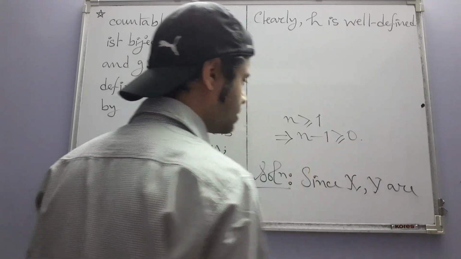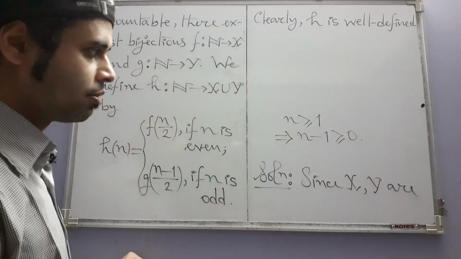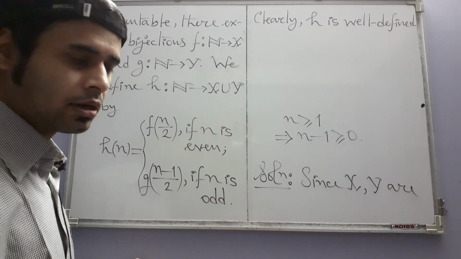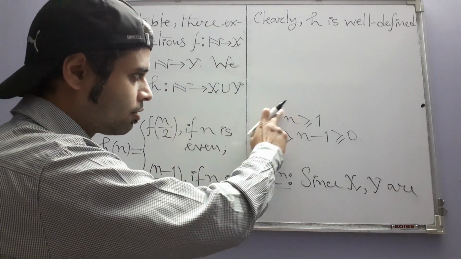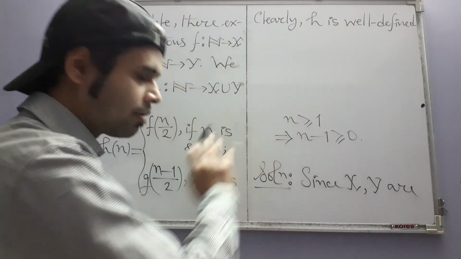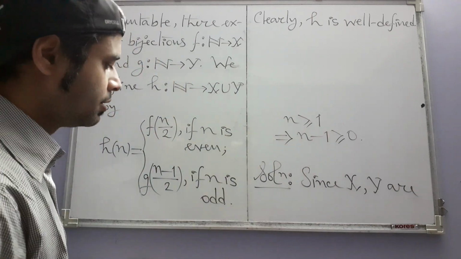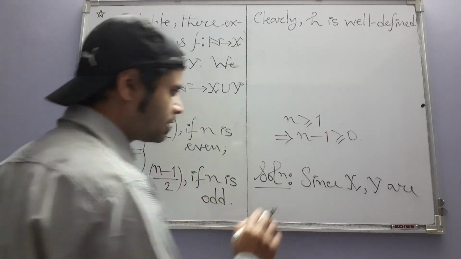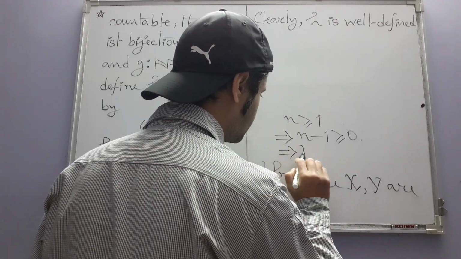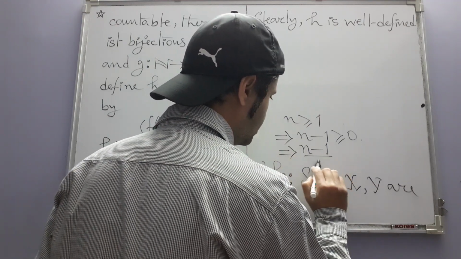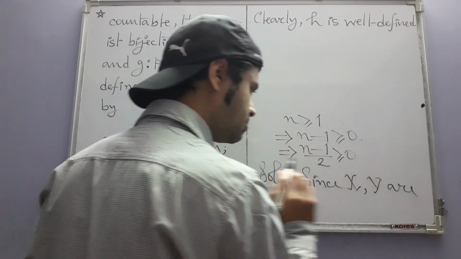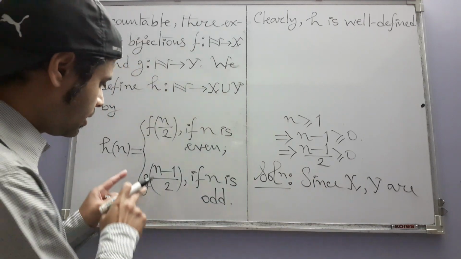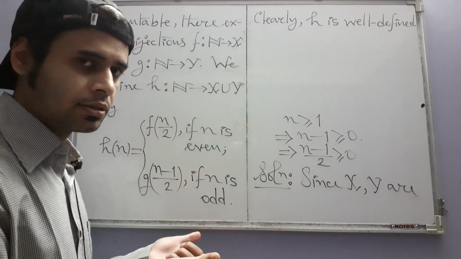So this implies that n minus 1 is a non-negative natural number, and which due to the oddness of n is now even. n minus 1 is even. So that is why (n minus 1)/2 is an integer that is non-negative. That means it's a natural number. And for a given n, this is unique.